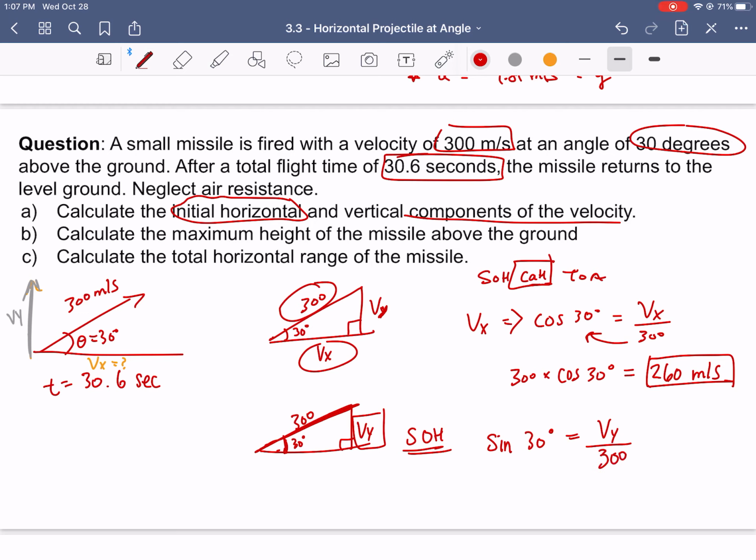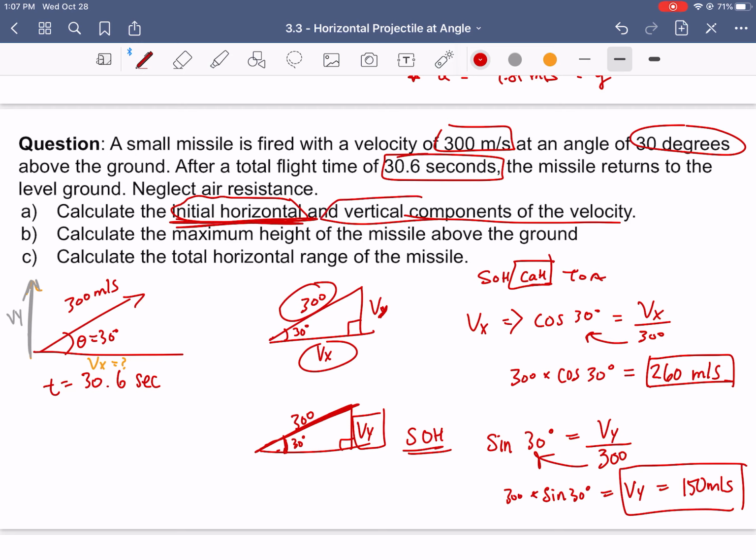Now I just move this over, so 300 times sine of 30 degrees is equal to Vy. If you plug that into your calculator, it's 150 meters per second. So we got the initial horizontal component and the vertical component. There we go.